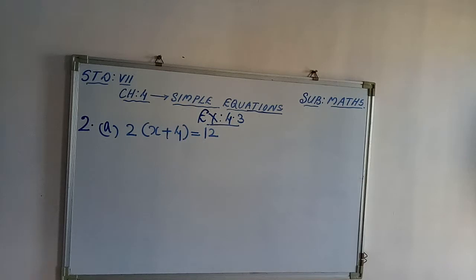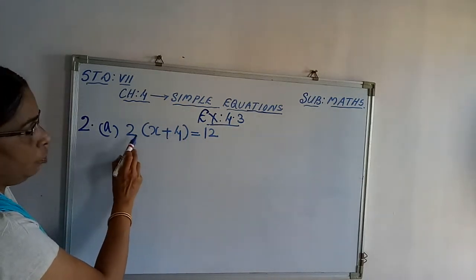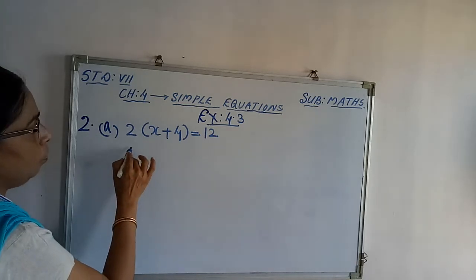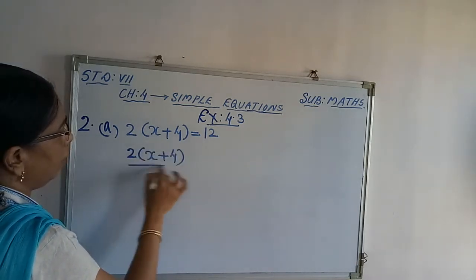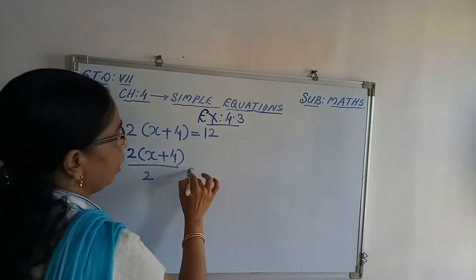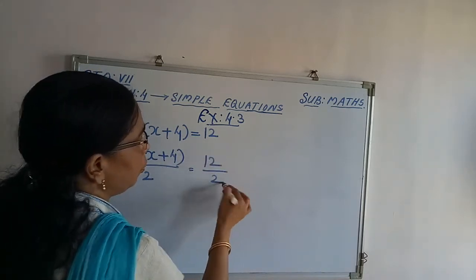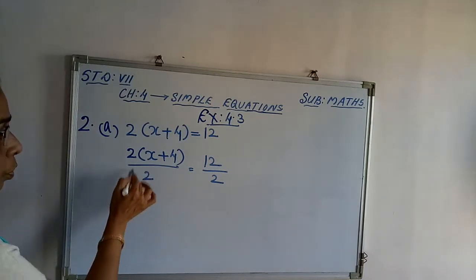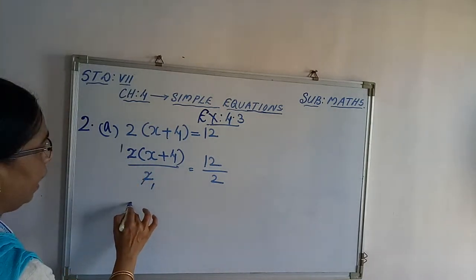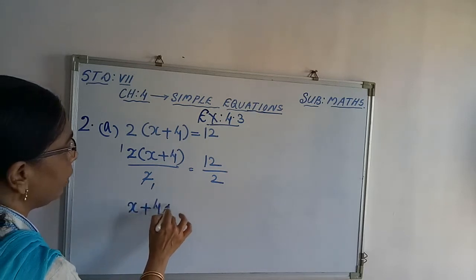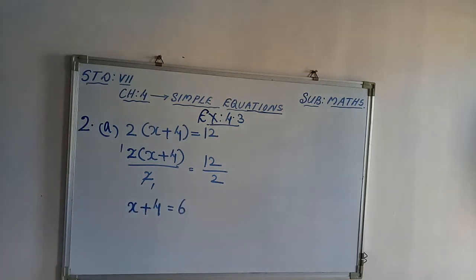Now, here first what you have to do is divide both the sides by 2. So we can write 2 into x plus 4 upon 2 is equal to 12 upon 2. You know that this 2 and 2 get cancelled. Here we get x plus 4 is equal to 6, isn't it?